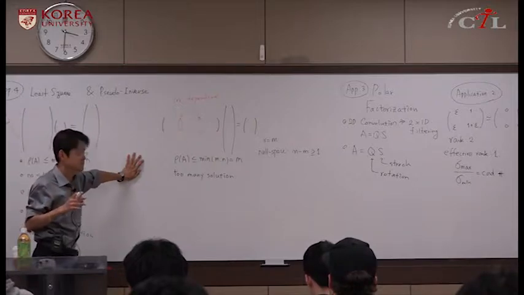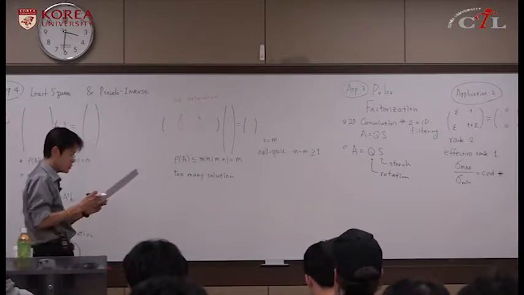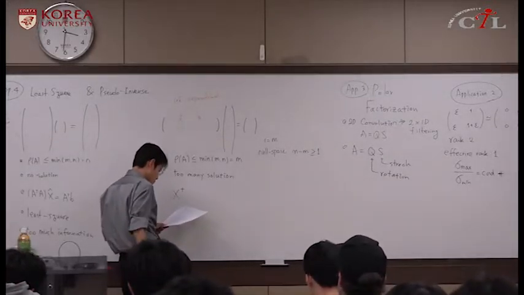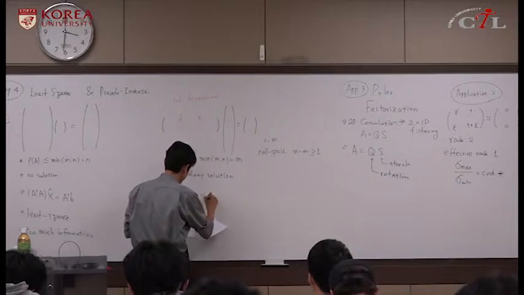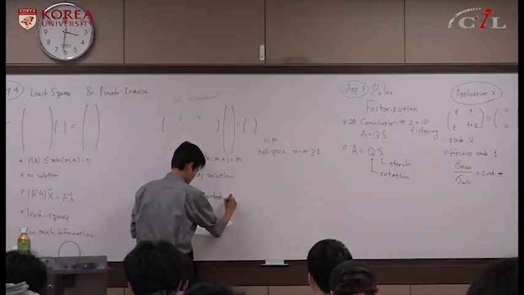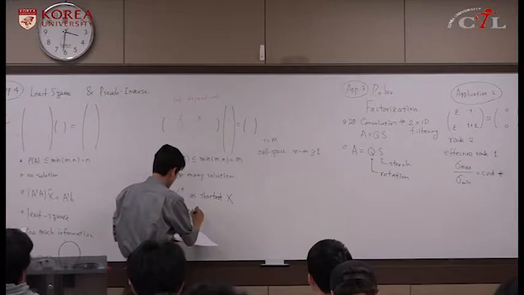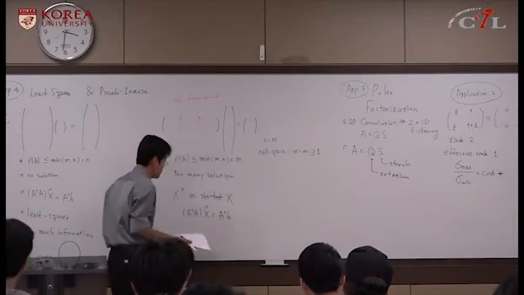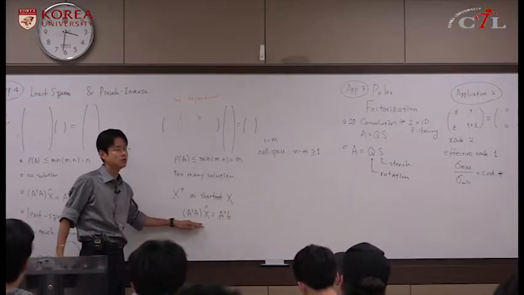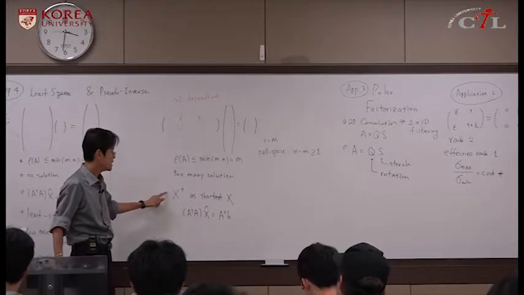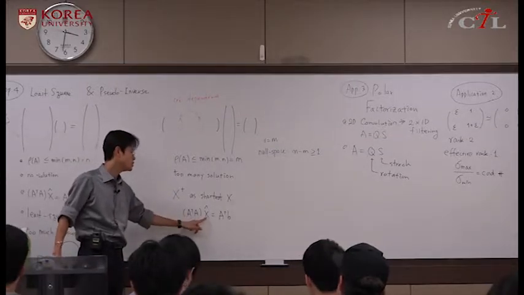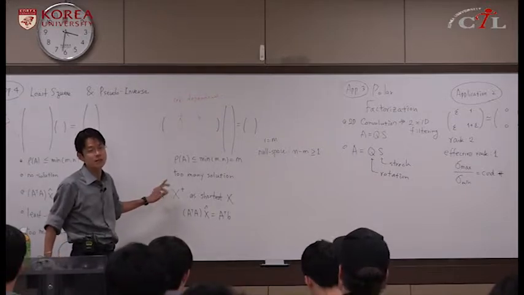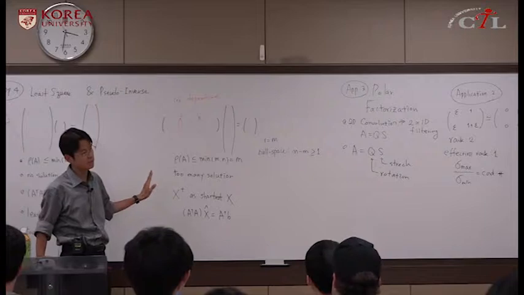So minimize null motion. In that case, we choose x pseudo as the shortest x that satisfies A transpose A x hat equal to A transpose B. Among the multiple solutions x hat, the shortest one is x pseudo, and this may minimize the null motion.